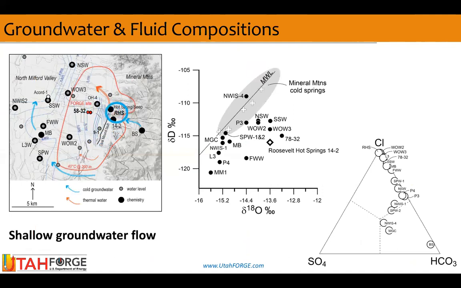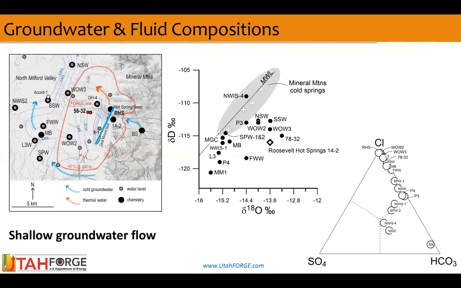Wells in Roosevelt Hot Springs, prior to the commissioning of the Blundell power plant, had pressures that were 35 bars higher than wells on the west side of the Opal Mound Fault. And this corresponds to a step drop in the water table of more than 300 meters from east to west across the fault structure. From this, we deduce that the Opal Mound Fault is the western boundary to the Roosevelt Hot Springs hydrothermal system.